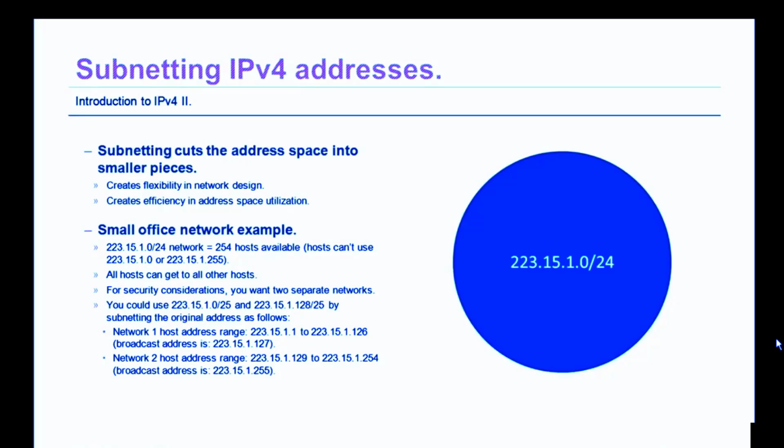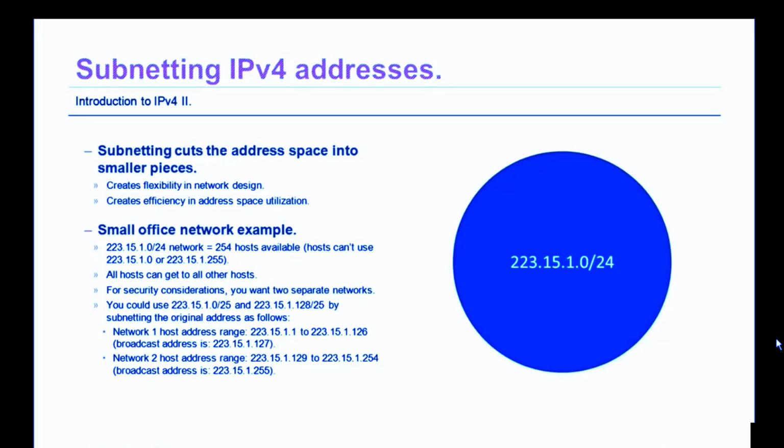So originally, we have a network address of 223.15.1.0/24. This is a Class C private network, and it gives us a possible 254 hosts available. Why only 254?